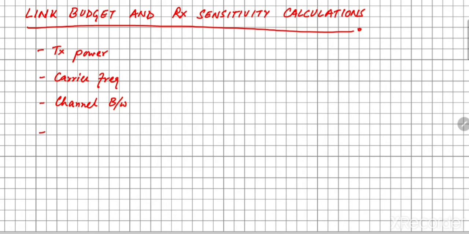Then other parameters that affect the link budget calculations include the system noise figure. Towards the end of the previous lecture, we talked about the noise figure. Today we are going to detail that discussion a bit more. Then another parameter that this performance depends upon is the communication environment. And what else?